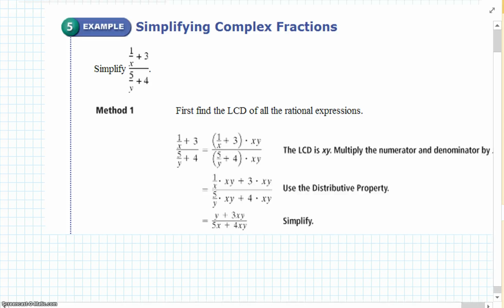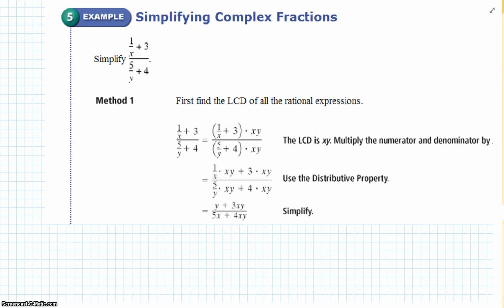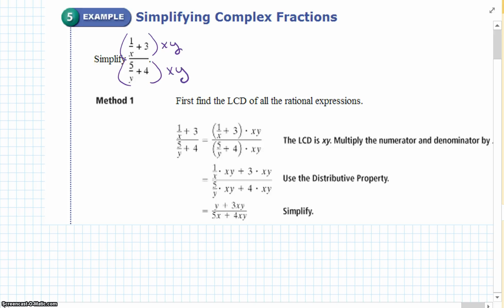So let's simplify fractions. I have 1 over x plus 3 over 5 over y plus 4. Here's how we're going to do it. We're going to multiply the top and bottom both by xy.